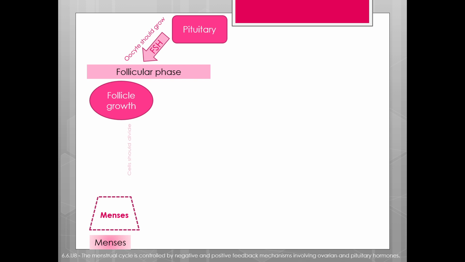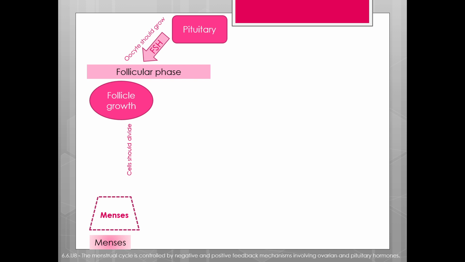At the same time, when it grows, it should start sending a signal to the uterus that maybe this is a good idea to stop cleaning and start growing the new layers of endometrium. But at the very beginning, when the oocyte is very, very small, there is no point in doing that. But the bigger it gets, the more important it is for the uterus to focus on preparing for the new cycle.